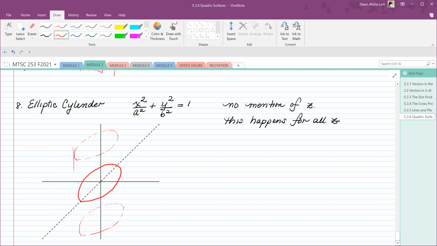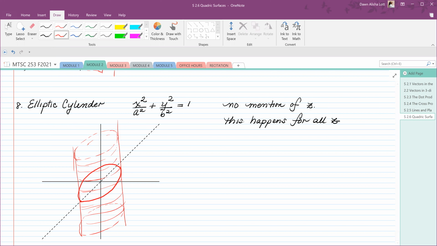So it is a cylinder. You can see the shading of the cylinder. Okay.